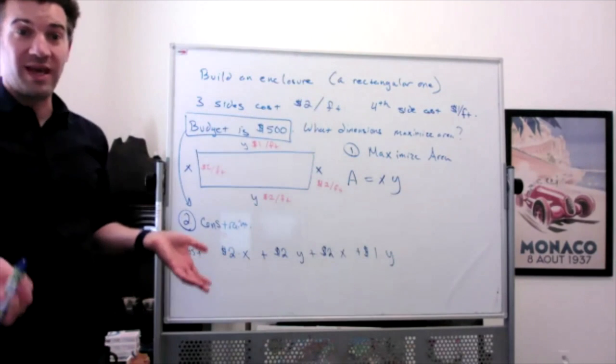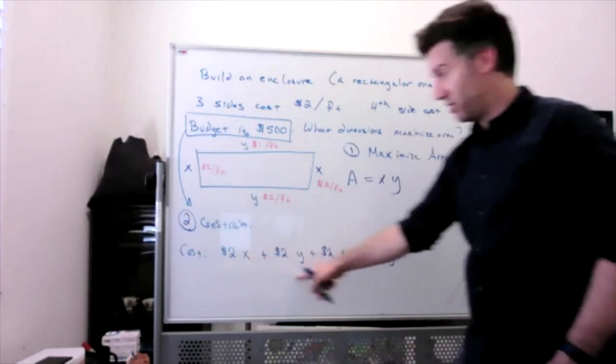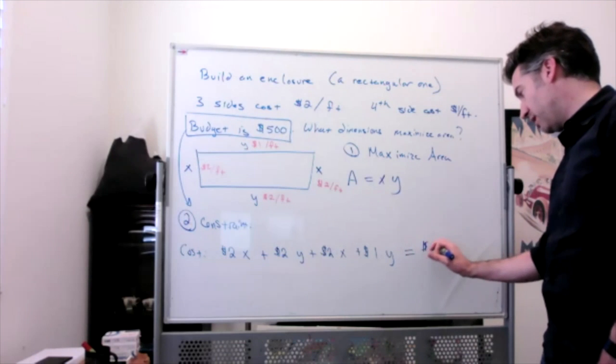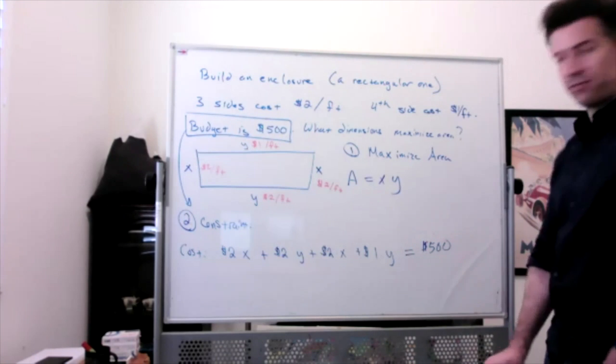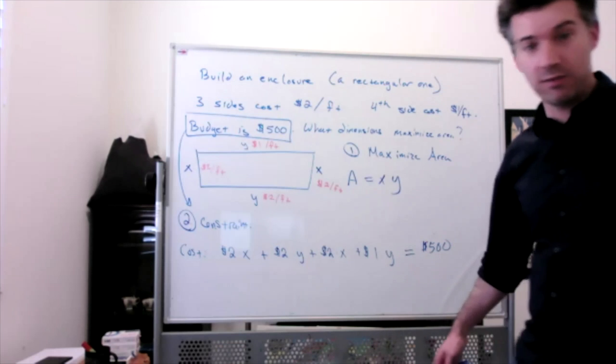And we know that we only have $500 to spend. So we're going to set this equation for the cost equal to the amount of money we have, because we're going to spend it all. We're going to make the biggest area possible.